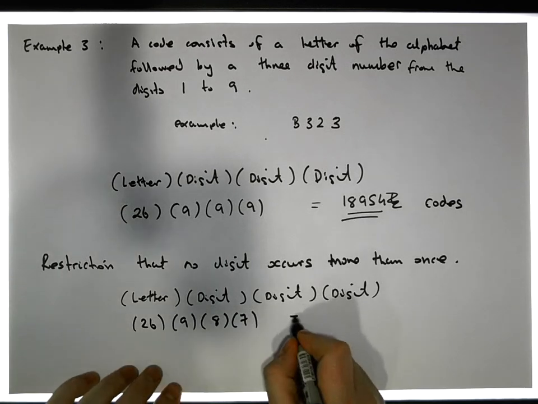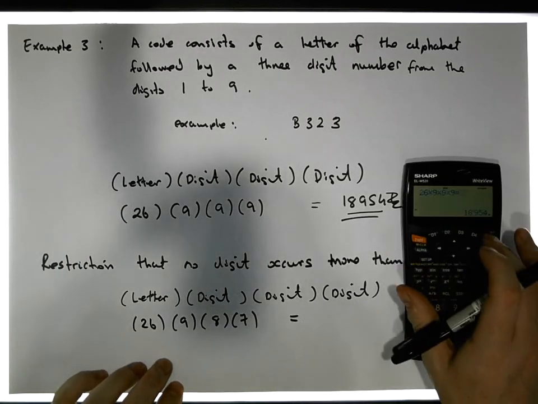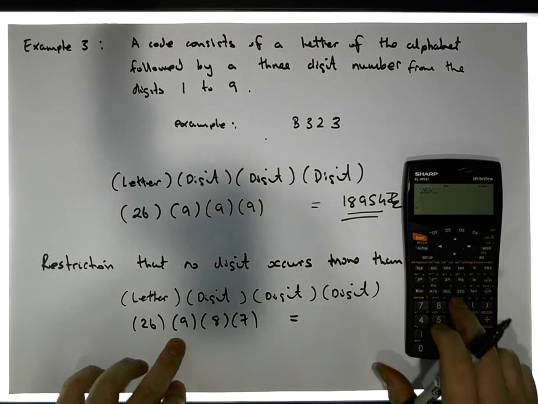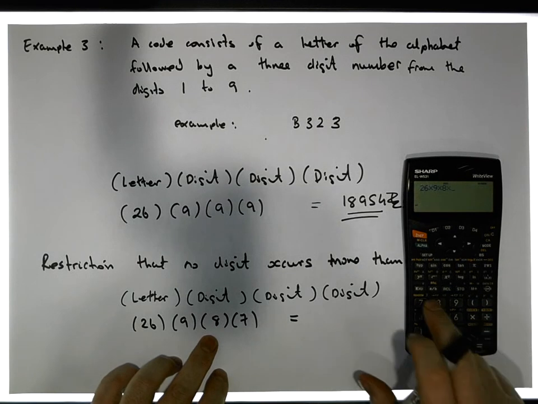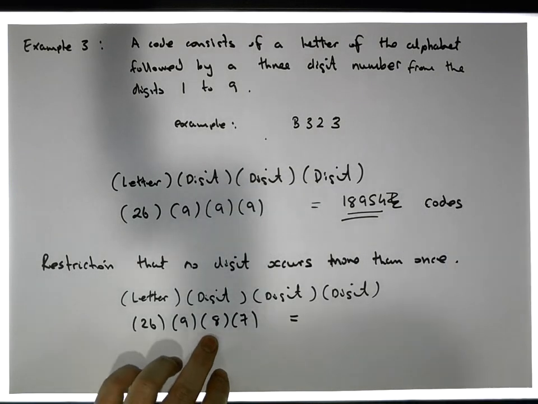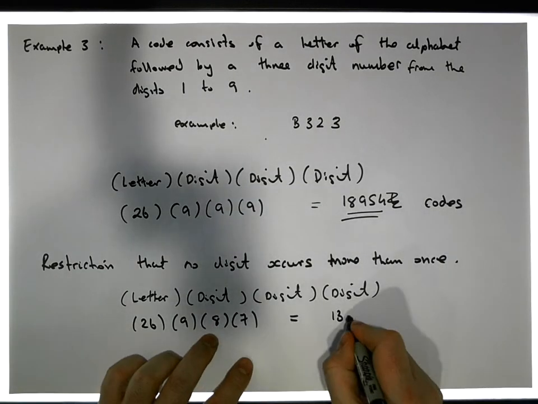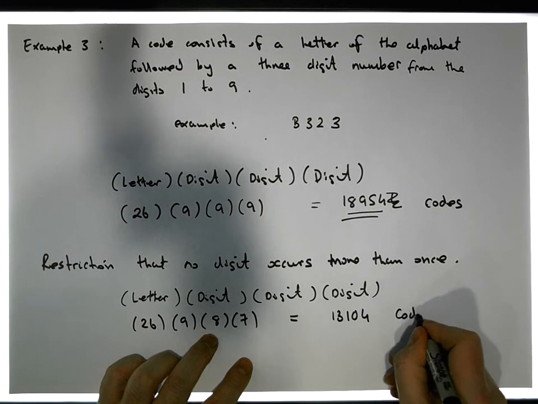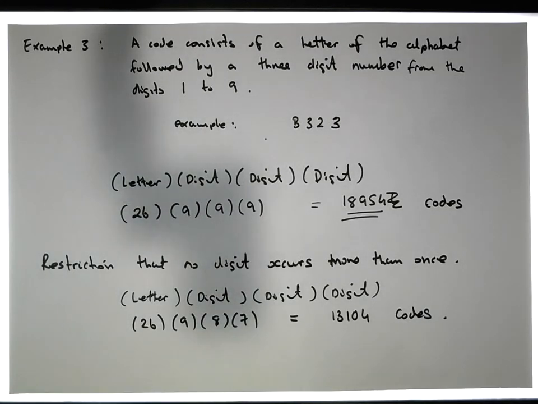That gives us a total of 26 times 9 times 8 times 7, which gives us 13,104 possible codes that we could select, if that makes sense.